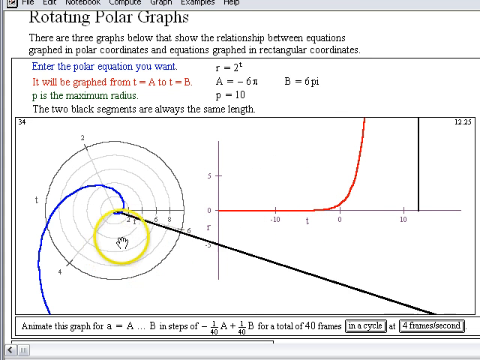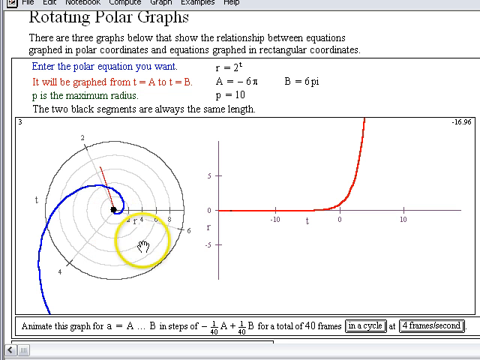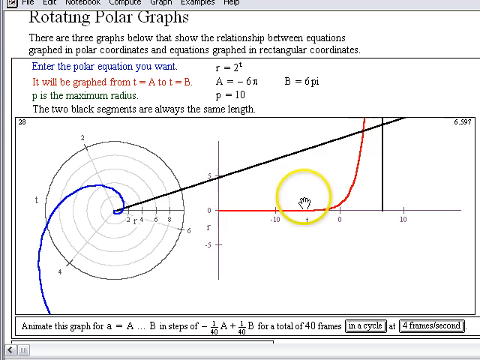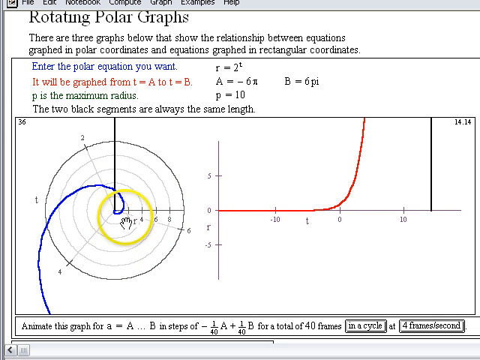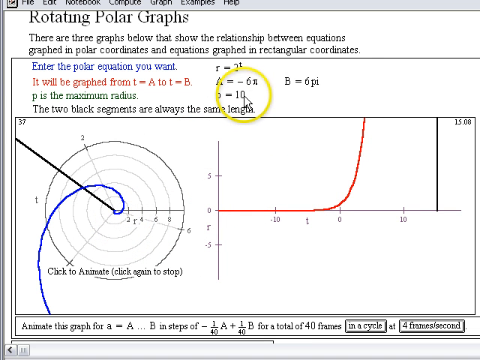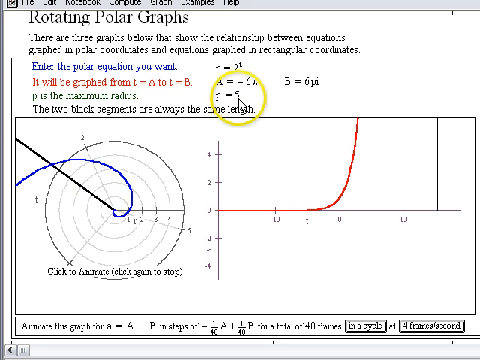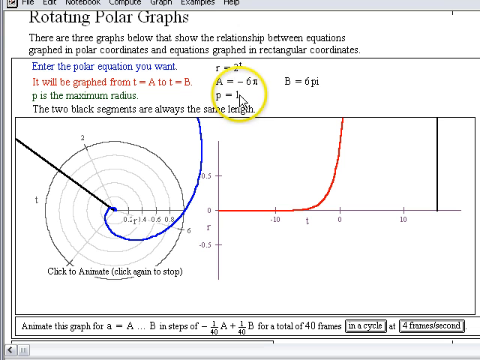And there's a lot of time that it spends in here where r is so small you can't see it. If I were to zoom in on this, I'm going to zoom in, zoom in.